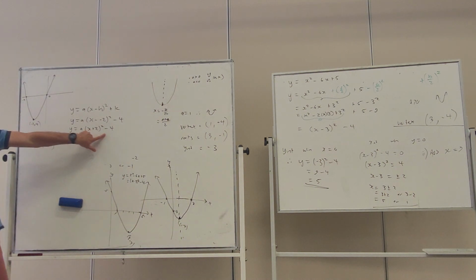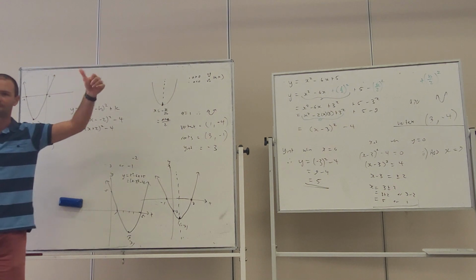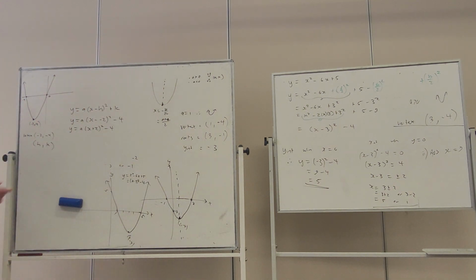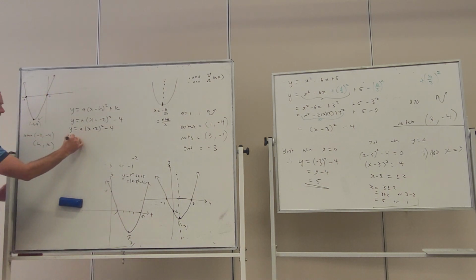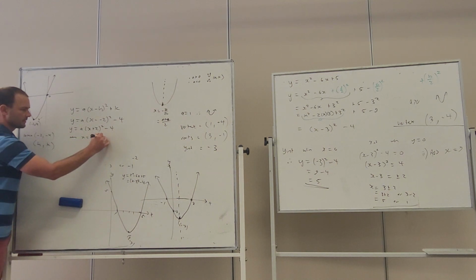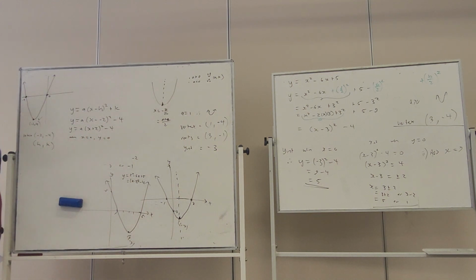Okay, so we've got this, but we're not done. We need to determine the value of a. And in order to find a, we can use any of the pieces of information we haven't already used. We've used this one, so we're not going to use that. That's not going to give us anything. So we can use this point, x is 0, y is 0, or this point, x is −4, y is 0. This one's easy, 0 is really easy to deal with. So we know when x is 0, y is 0. It passes through that point, right?